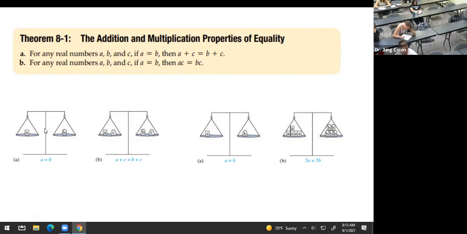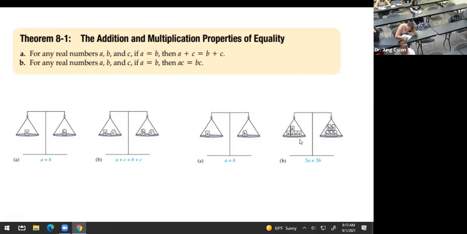So if we take away a certain amount from both sides, still equal, right? So we can go backwards. So let's say originally we have a plus c equals b plus c. If I take away c from the left-hand side of the balance beam, and take away c from the right-hand side too, they're still equal, right? Then division, it works the same way.